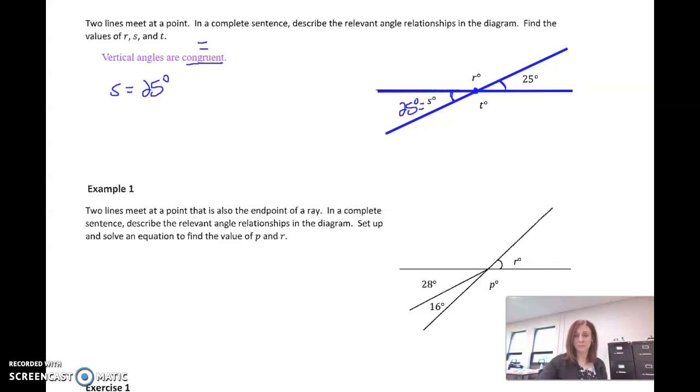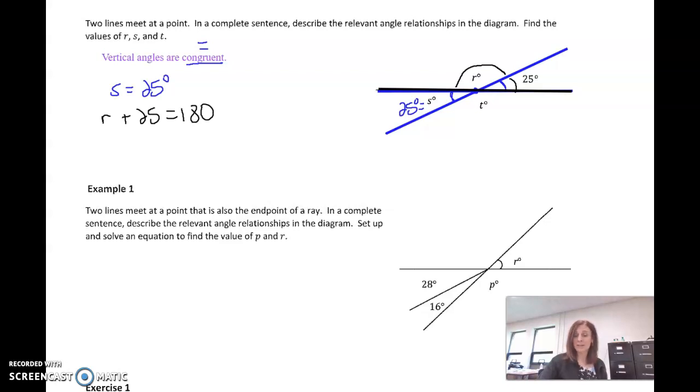The reason is, if we look again, this is a straight line right here. Ignoring this bottom part, the angle R right here, plus 25, they're supplementary, they add to 180. So I know R plus 25 degrees equals 180 degrees.